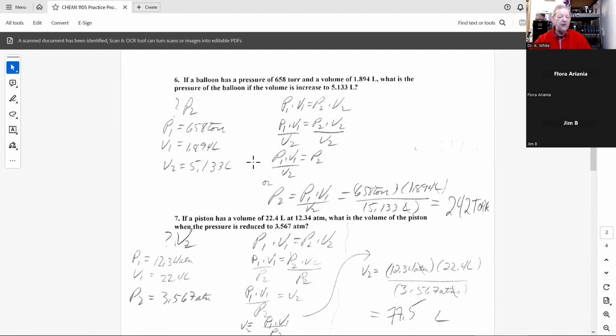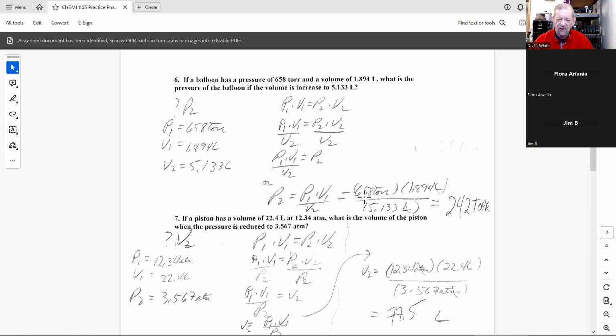Now, you don't have to do it, but I like to rewrite it. And now, since we took the time to figure out what is P1, V1, V2, I can just put them in. Now, once again, use your good buddy, your good friend, unit analysis. Notice liters divided by liters, that unit is gone. We're left with torr, which is a pressure. So we set it up right.